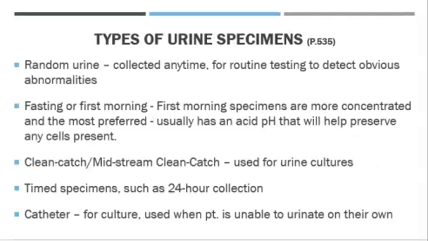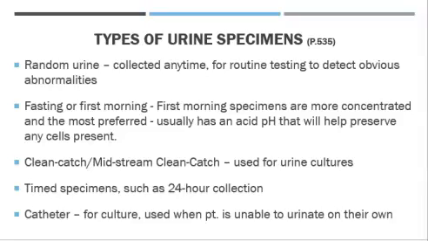So we as lab techs can collect several different types of urine specimens for testing. The first type of testing is just the random urine sample. This sample can be collected any time of day. It's used for just routine testing, and to detect obvious abnormalities in the urine.